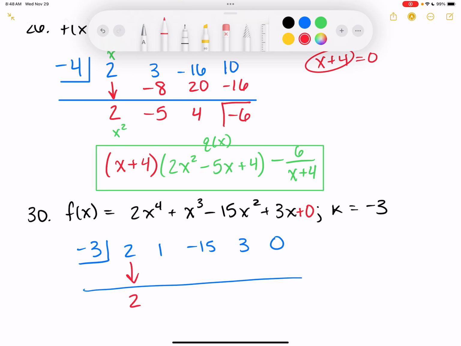Times negative 3 is negative 6. Plus 1 is negative 5. Times negative 3 is positive 15. Minus 15, so that's 0. Times negative 3 is 0. Bring down the 3. Times negative 3 is negative 9. Plus 0 is negative 9. So that's my remainder. Apparently negative remainders are popular today.